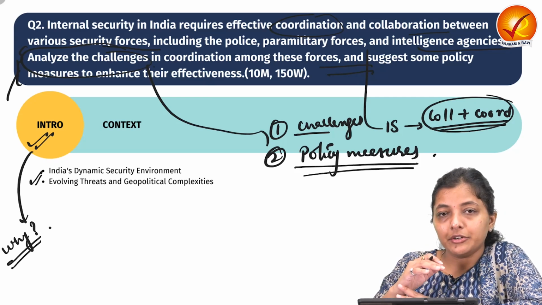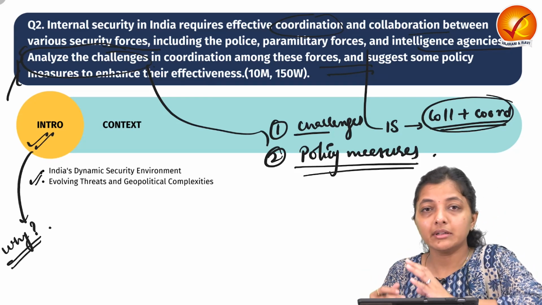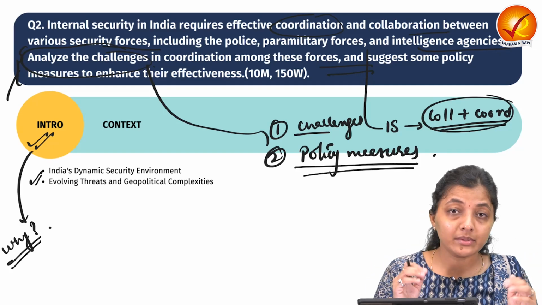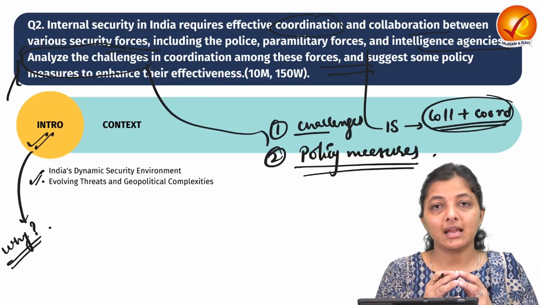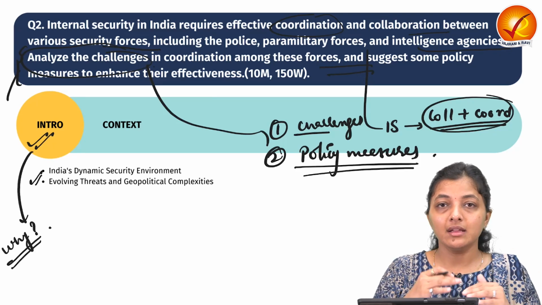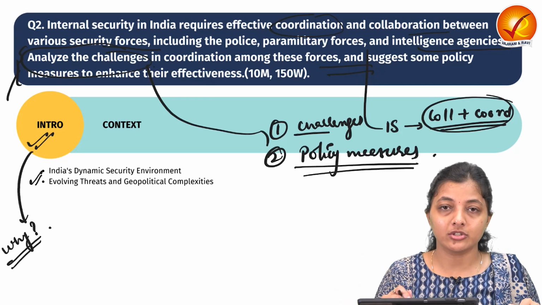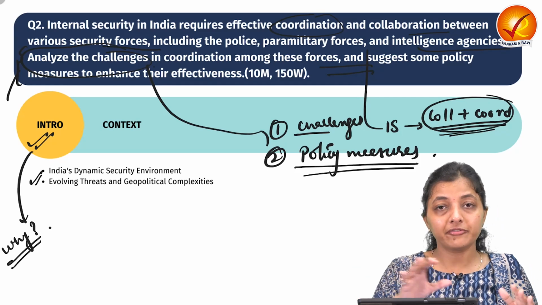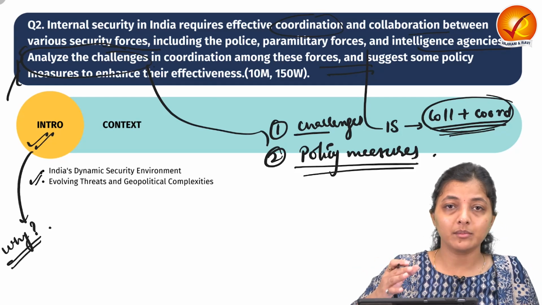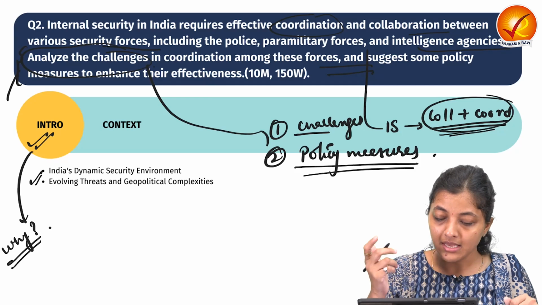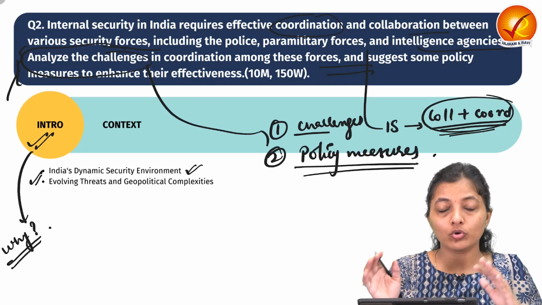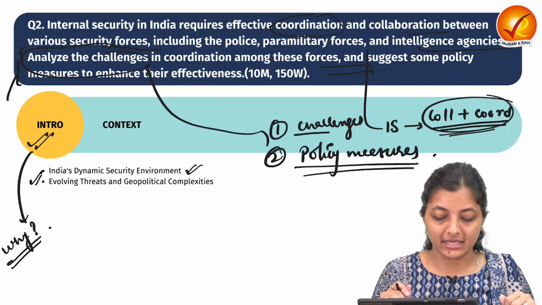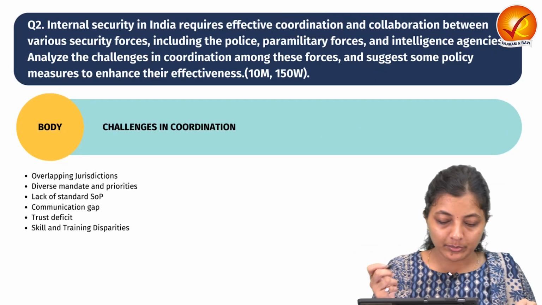You can write that due to the dynamic nature of evolving threats, like terror drones and cyber threats, the complexities and nuances of the threats are becoming more dynamic and advanced. So coordination and collaboration between the different security agencies, be it police, paramilitary or intelligence agencies, is imperative, and a robust intelligence sharing and coordination system should be there. Let's see the body part.